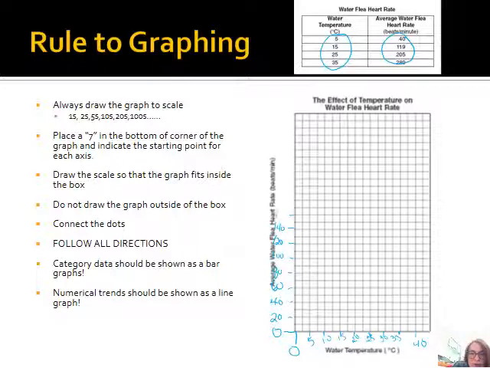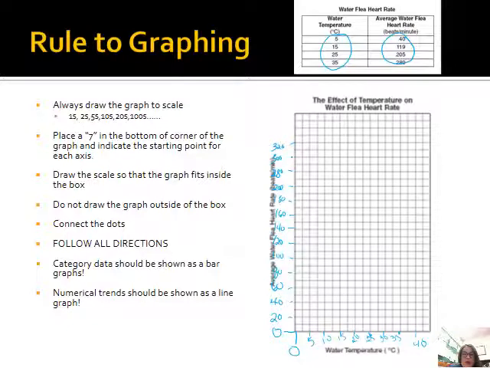Sometimes students will add extra boxes to their graph paper, but if you do it in pen, you're kind of out of luck. So always do a graph in pencil. This allows you to erase your scale if it doesn't fit, and you definitely cannot do what those students do and draw extra graph paper because then you'll lose all credit for your graph. Okay, so it looks like my scale fits, so that's good.